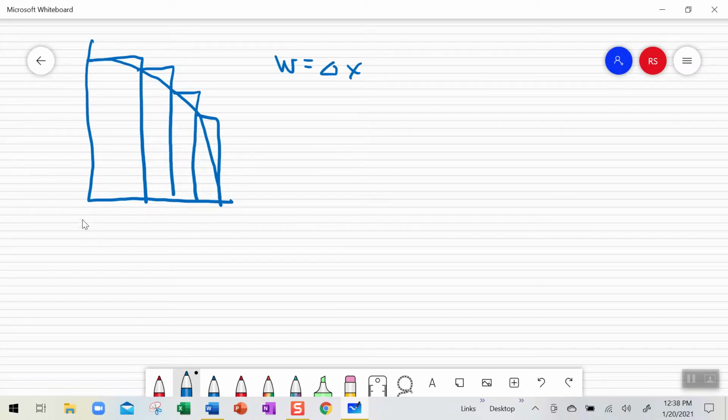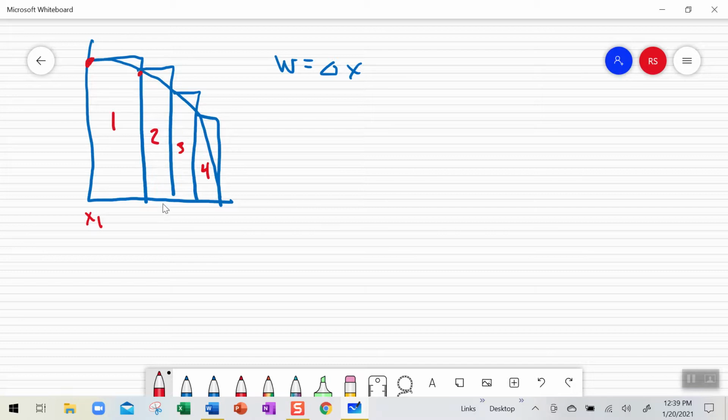So where does the first rectangle intersect? Let me go to red. This is going to be my x sub 1. And right here, this is rectangle 1, rectangle 2, rectangle 3, rectangle 4.